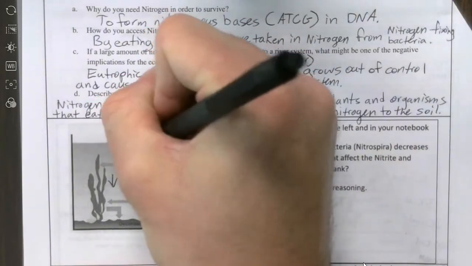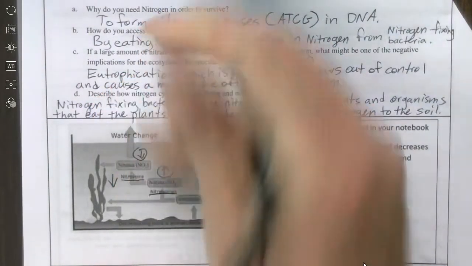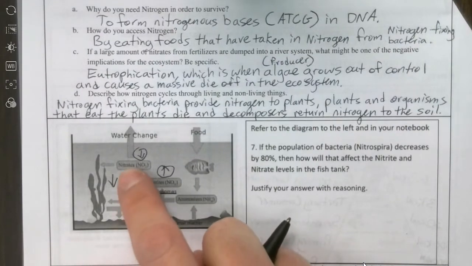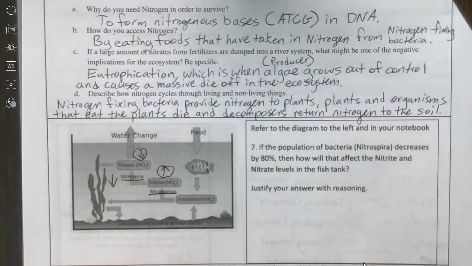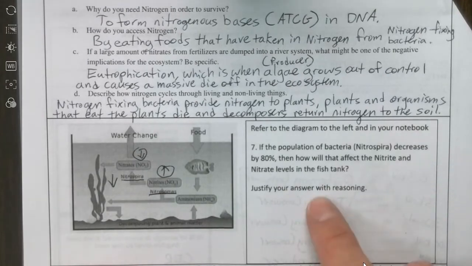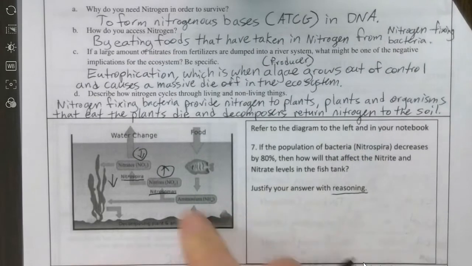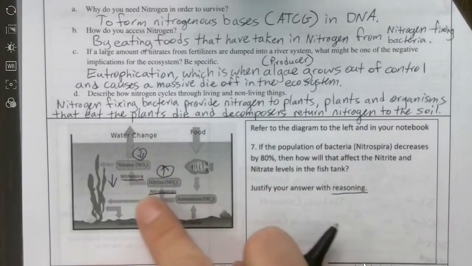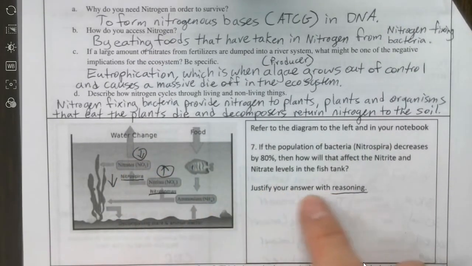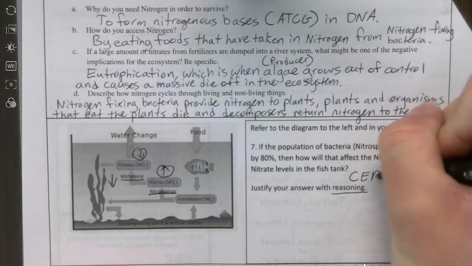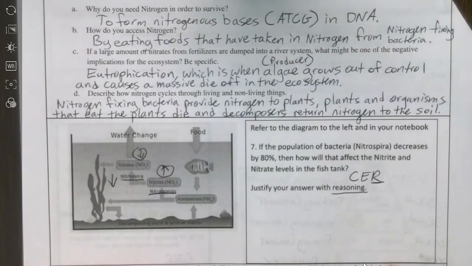And then that's going to decrease our amount of nitrates because there's less Nitrospira producing those nitrates. So this would be a good example of how you would use the evidence here in our little diagram to use reasoning. So this is going to be kind of a reasoning section.